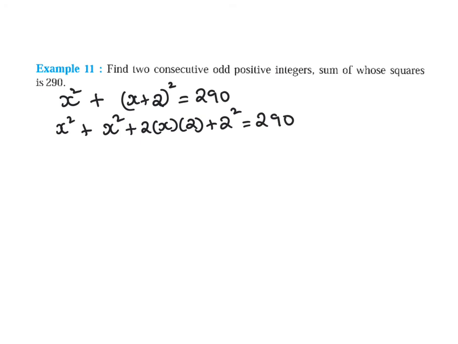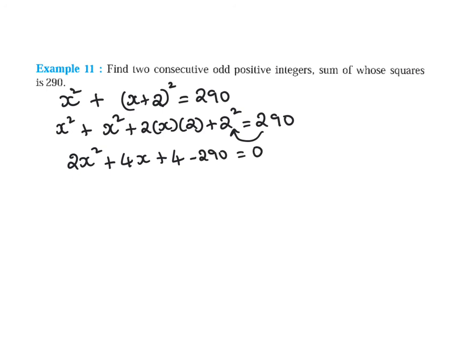We can simplify. x squared plus x squared is going to give us 2x squared, plus 2x times 2 is 4x, plus 2 squared is 4. We will bring the 290 to this side of the equal sign, minus 290 equal to 0.